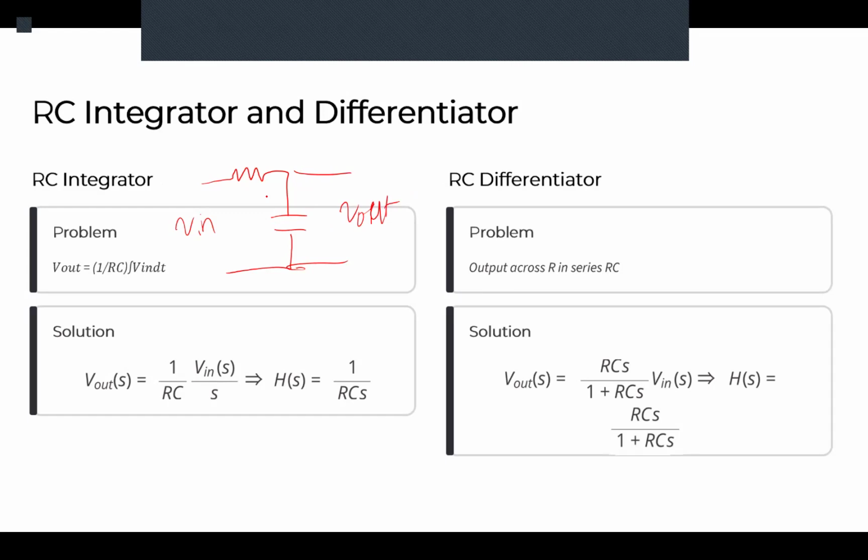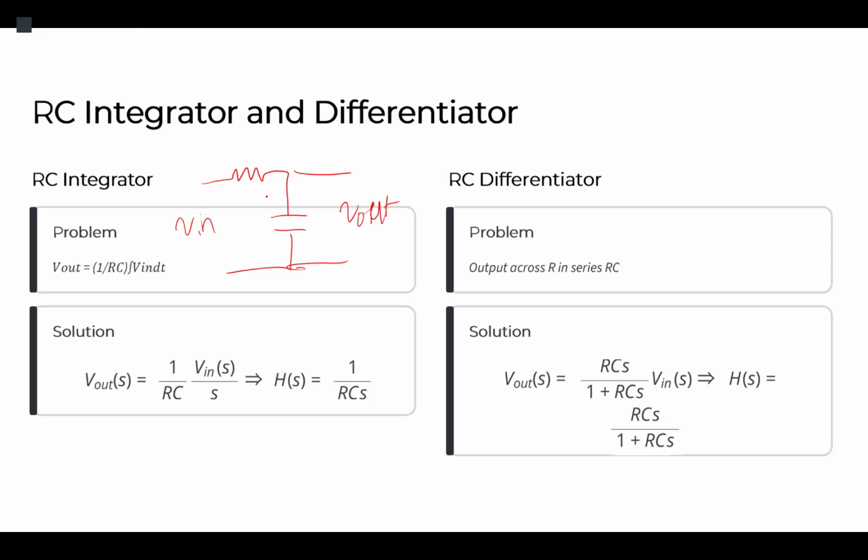I wanted to let you have some intuition of what we mean by integral, and what the low pass filter does. It allows low frequency and no high frequency.